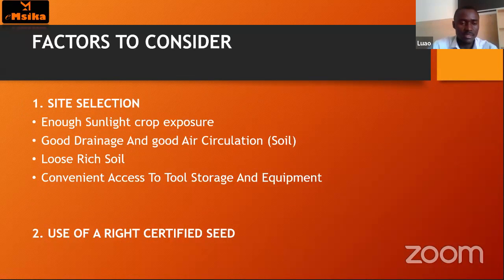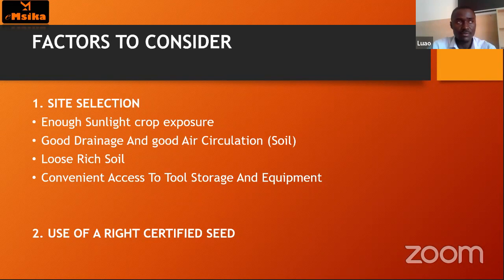Then the last one is convenient access to storage and equipment. As a farmer, or anyone doing farming as a business, you have to consider this point where you are doing the production.